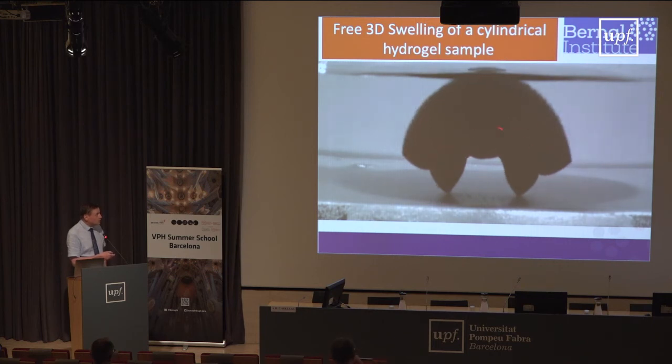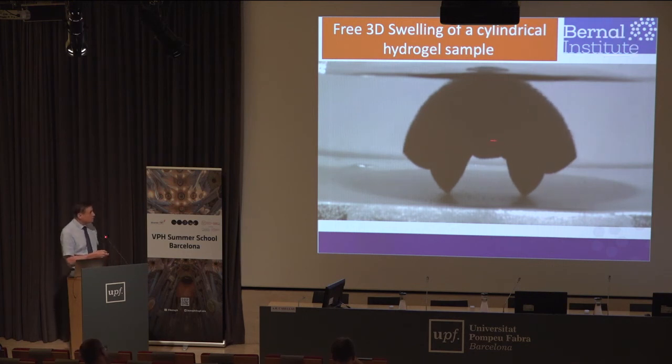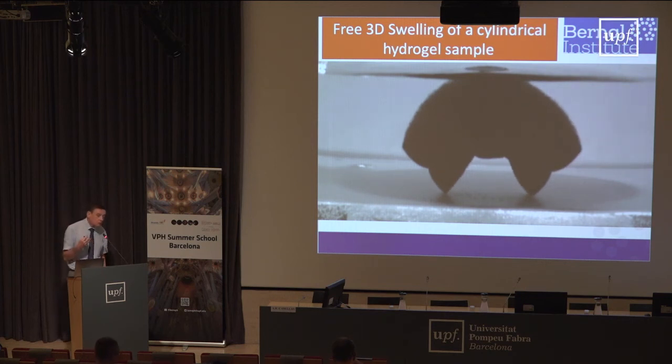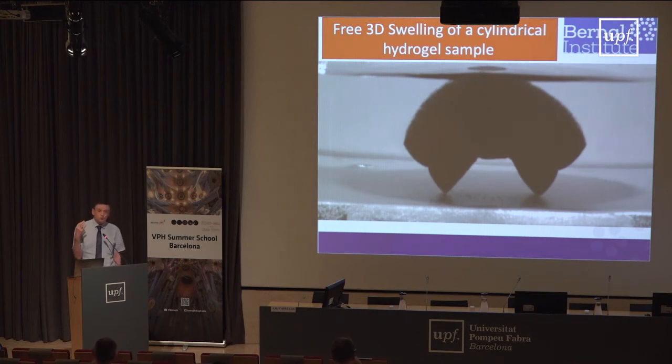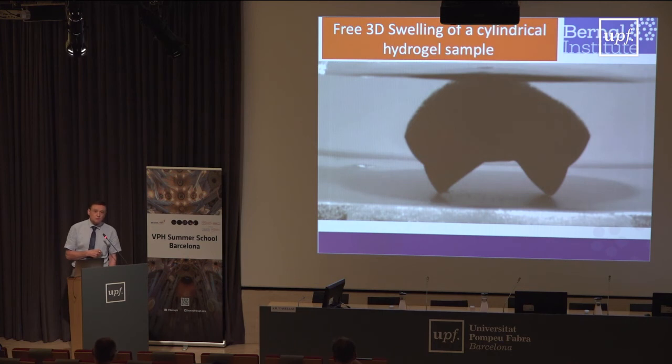At some point it goes also into the center of our gel, and progressively it goes back into the original cylindrical shape. Going back to the cylindrical shape demonstrates that our gel is purely homogeneous. So we have a purely homogeneous gel, but still it goes into those mad shapes.